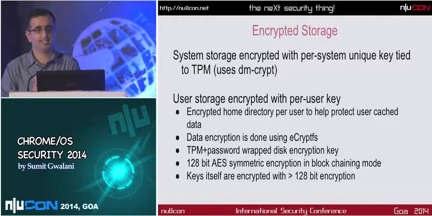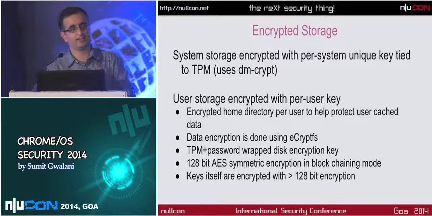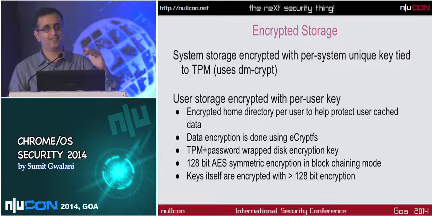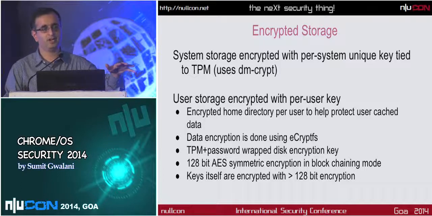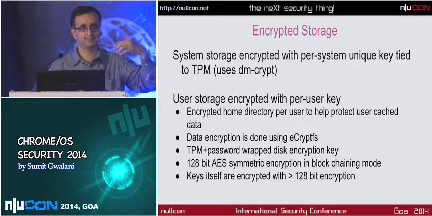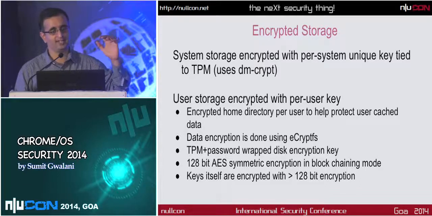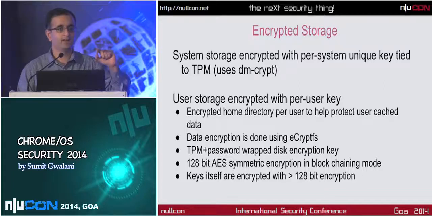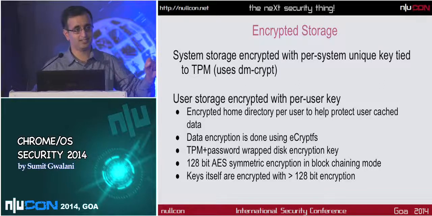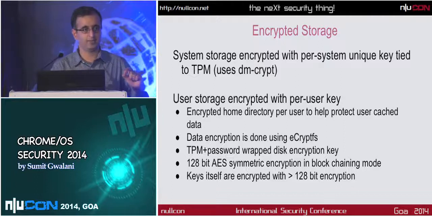So for the base layer of encryption, we used 128-bit AES symmetric encryption. But the first level of keys is actually encrypted on disk by other keys, which are high-strength 512-bit keys and RSA 2048 keys, derived from the TPM. Each Chrome OS device that gets shipped has a security chip, the TPM, in it.